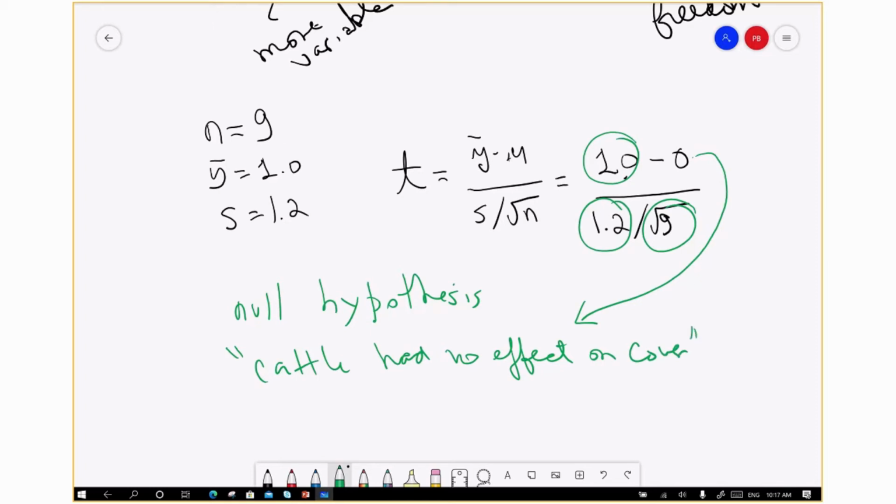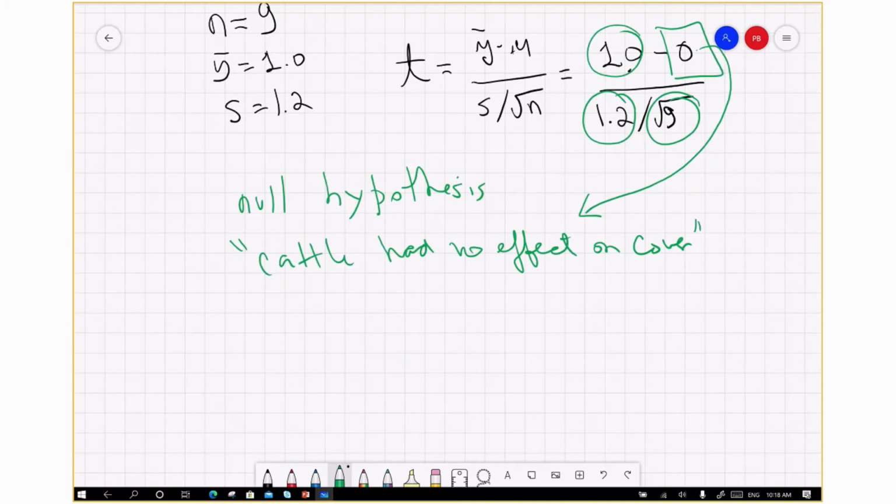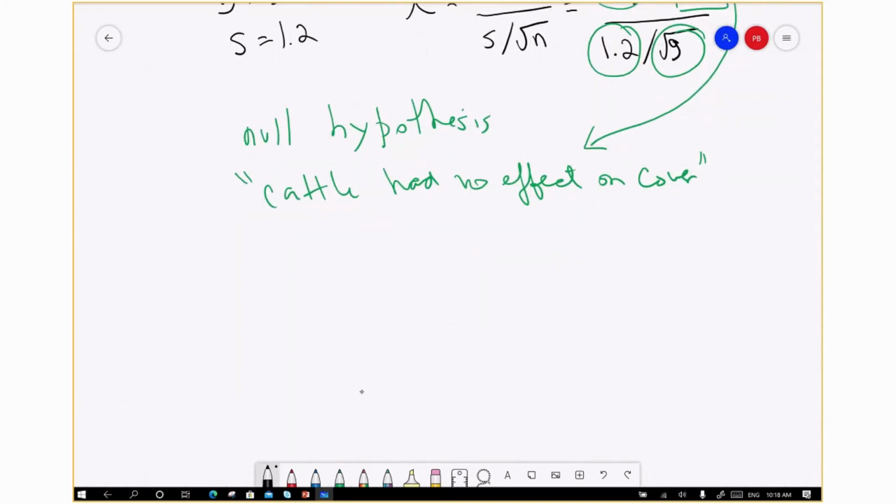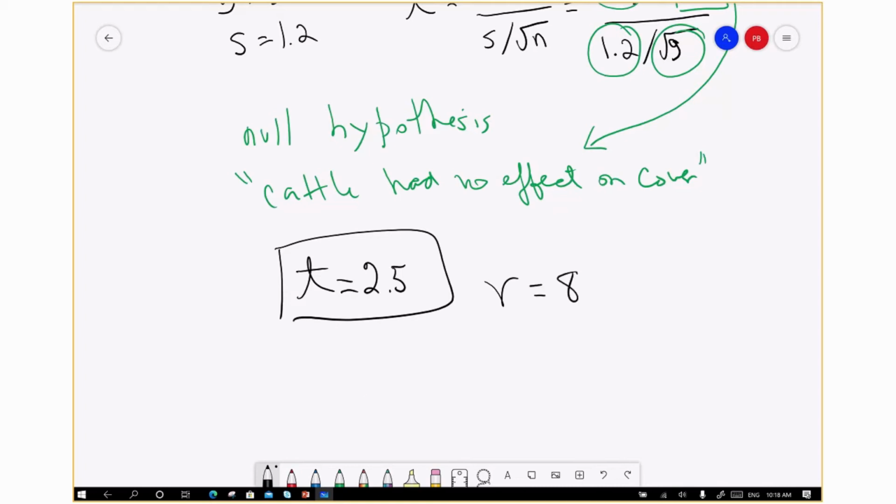So by setting this value of mu equal to 0, that's going to allow us to test the hypothesis that the true difference in plant cover between the grazed and the ungrazed portions was equal to 0. So that's where that came from. So we do all this algebra, and we come up with a t-value which is equal to 2.5 based on 8 degrees of freedom. And so with that in hand, off we go to our t-table.